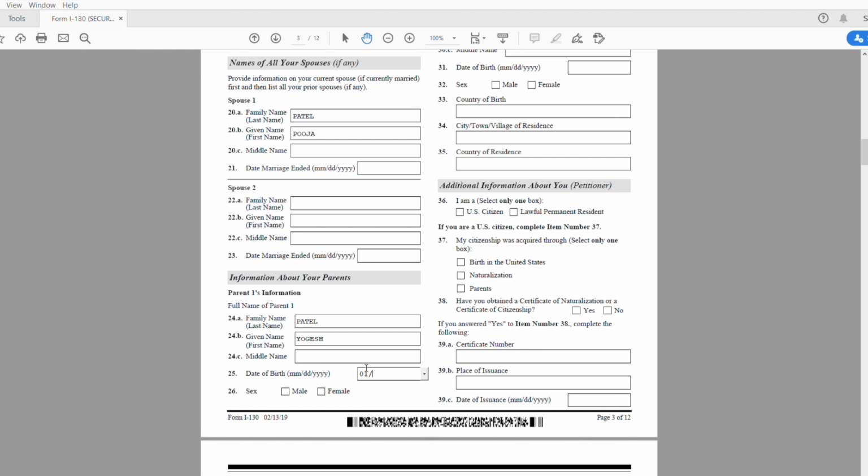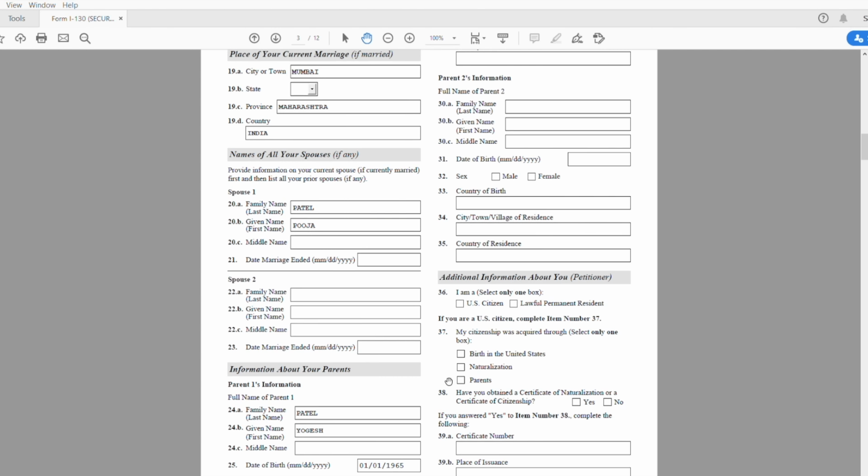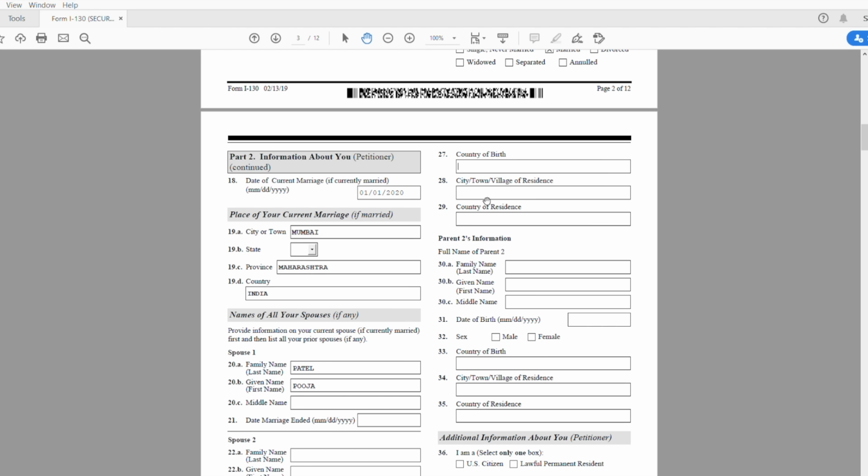Date of birth, January 1st, 1965. He is a male. Country of birth, India. And he currently resides in New Jersey. So we'll put the city and the country of residence, which is USA.